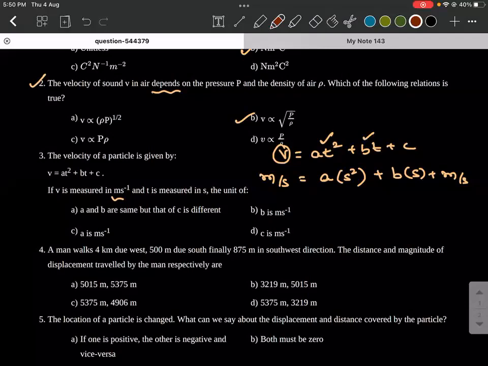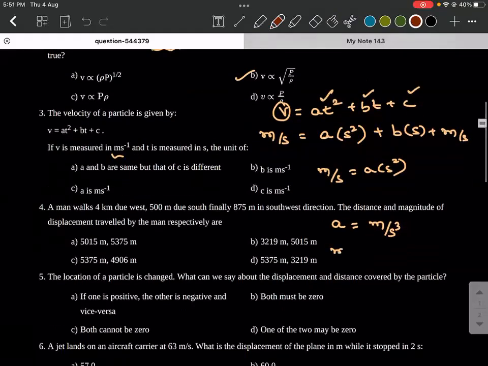Product of B into t should be velocity, and C itself should also be velocity. So if I say meter per second is equal to A into second square, then the unit of A will be meter per second cube. Similarly, meter per second is equal to B into second. So unit of B should be meter per second square.